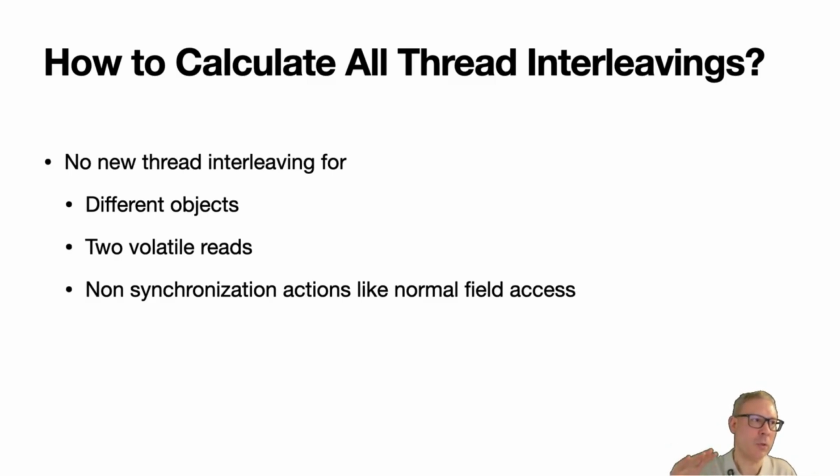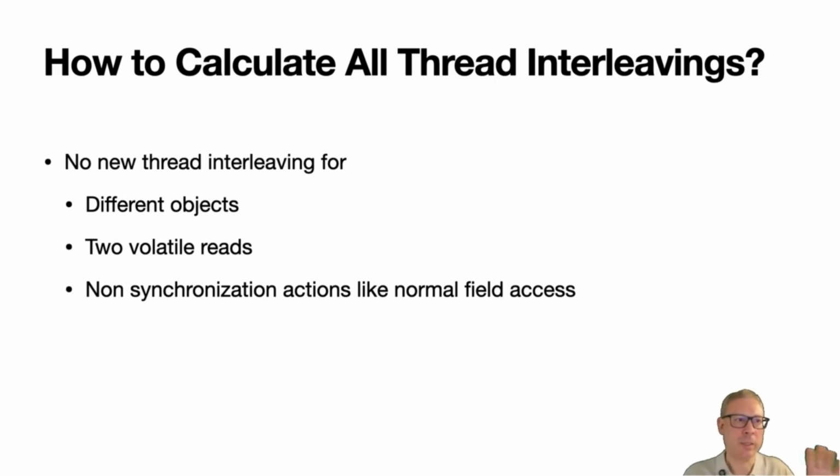So for example, if we access different objects or different fields, or if we access only with read operations, so I only have for example two volatile reads, or if we have non-synchronization actions like a normal field access or a local variable access, the order of the threads doesn't matter, since the threads cannot communicate between each other.